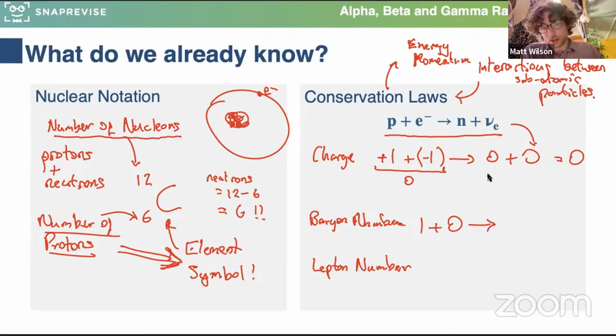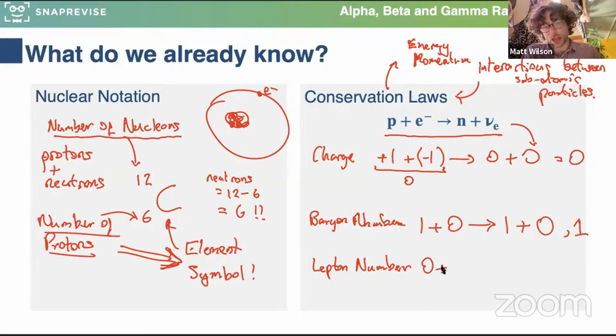On the right-hand side, we have a neutron. That's a baryon. It has a baryon number of +1. This electron neutrino thing is a lepton. Doesn't see baryon stuff, 0. So indeed, again, we have our other conservation law being satisfied here with the law having the value 1 on either side.